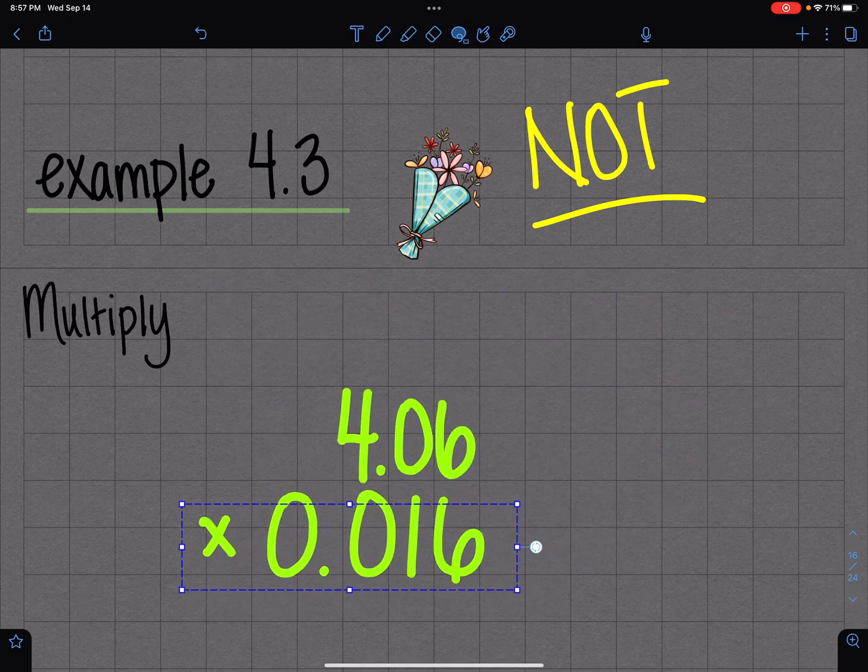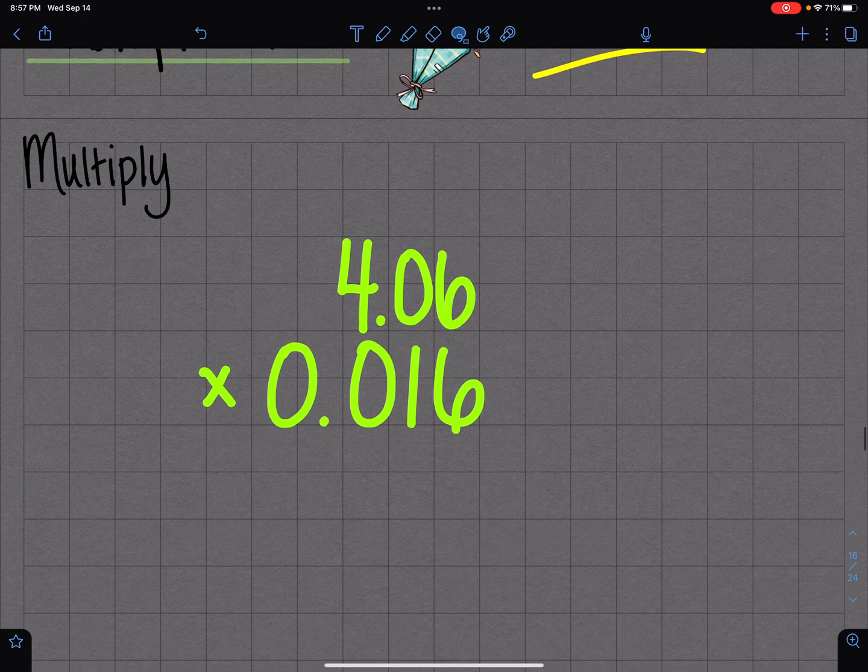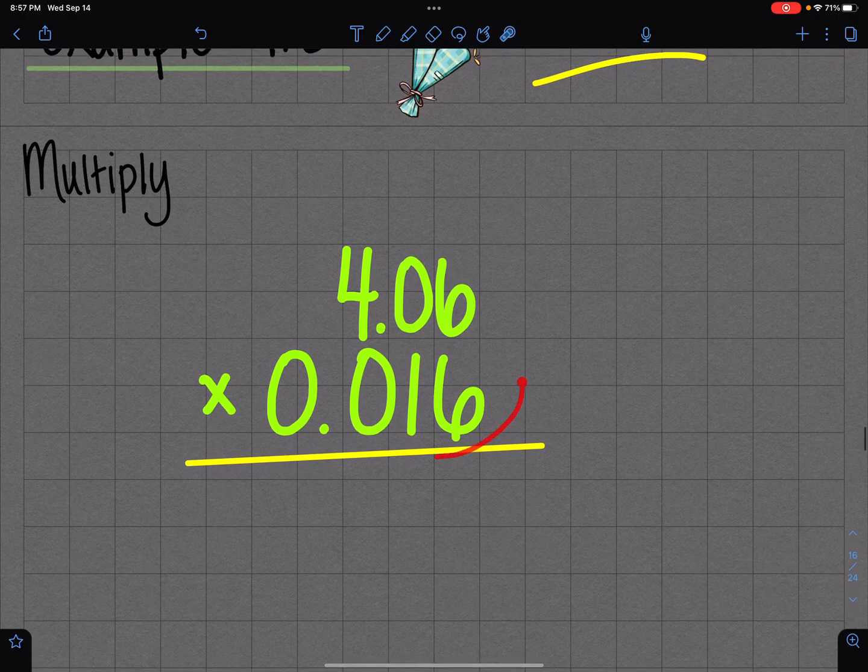I like to put the shorter number on the bottom. This is a 1 and a 6, and this has like a 406. It has 3 things that you're going to have to multiply, so it's going to be easier to put the more simple number on the bottom. So it's kind of like I'm just multiplying it by 16.